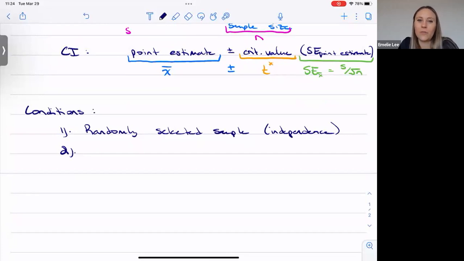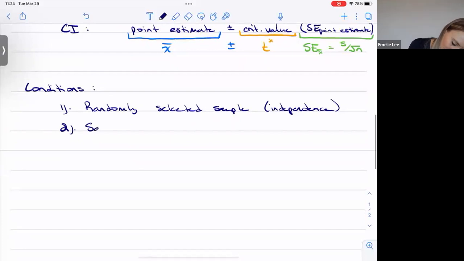And large enough is typically 30. But if you come from a distribution that you think is normal looking, or you believe that it came from a normal distribution, then you can go down as low as 20 and still be fine. So these conditions are kind of wishy-washy, and they're not something that I'm going to focus on, but it is good to know that there are conditions here. So the sample size is "large enough", and that's for the normality condition.